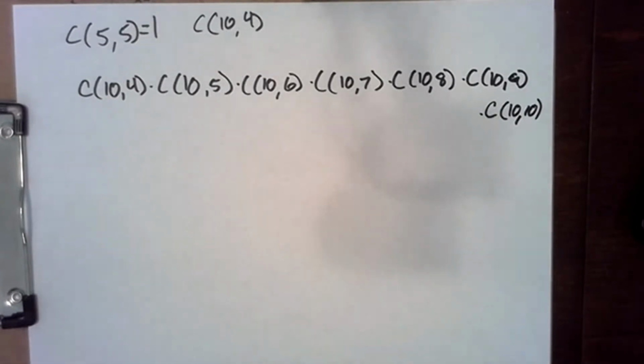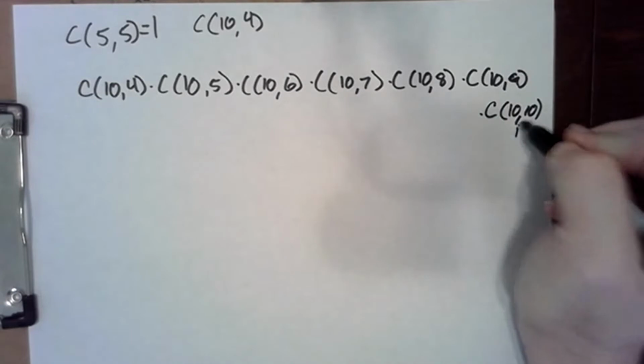And we're going to multiply all of that by C(5,5), but that's just 1 anyway. And this is also 1 right here.